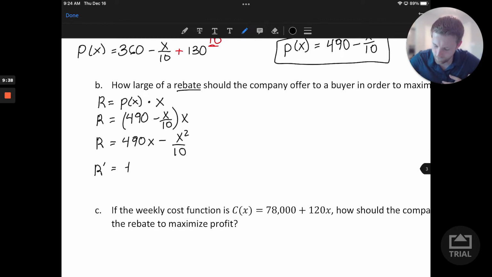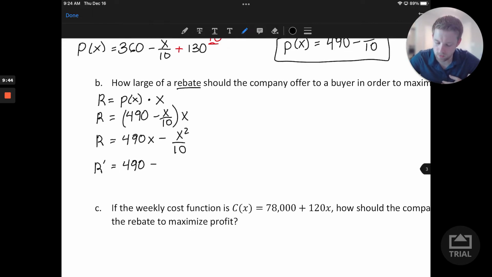We'll have 490 minus, if I bring the 2 down, raise x to 1, we would get really x over 5 to remain. So 490 minus x over 5. We want to set this equal to 0 to find where we have our maximum value.